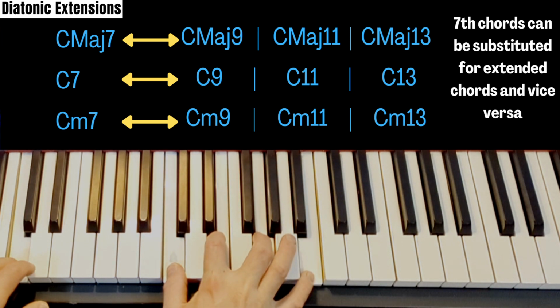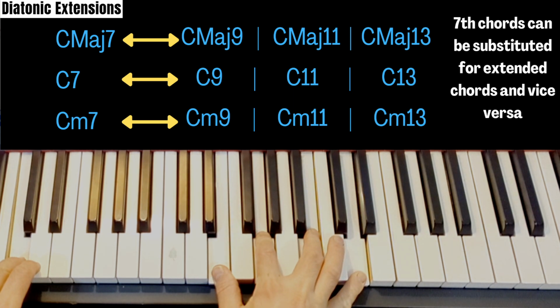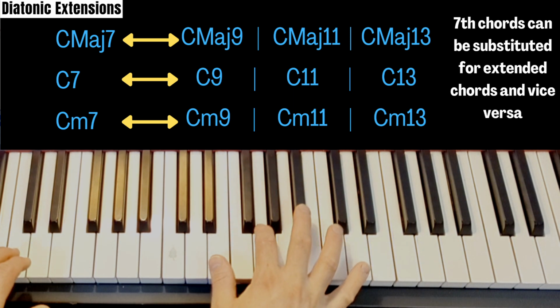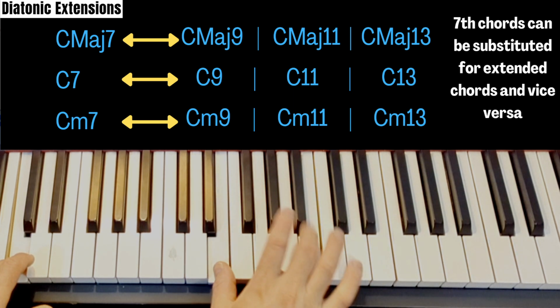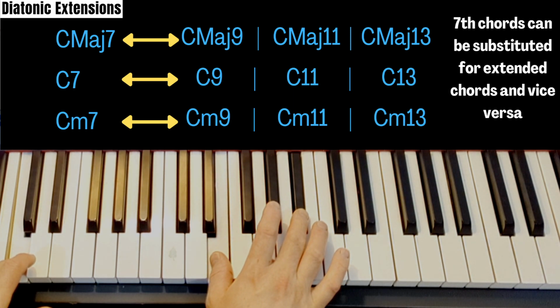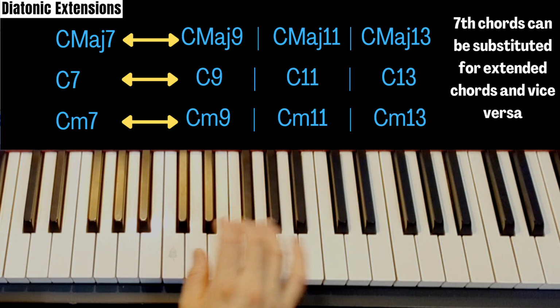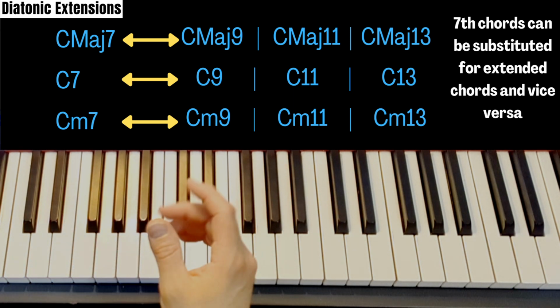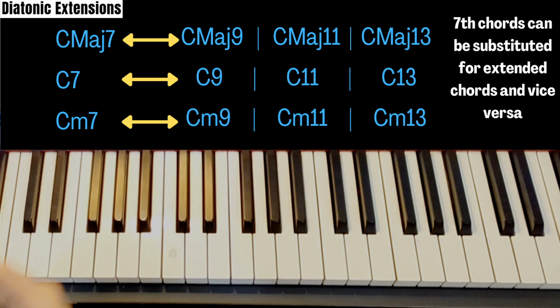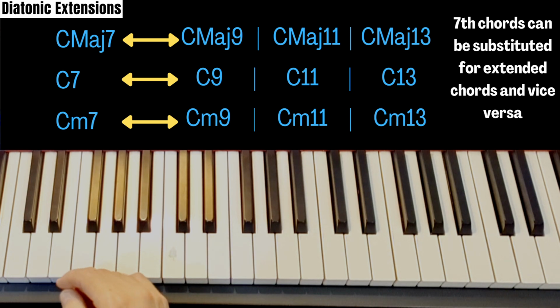So for example, C major 9 is very different to C dominant 9 because the fundamental chord below it is different there. Now alternatively, if you're seeing lots of 13s, 9s in the charts and that's getting really overwhelming, just break them down to those core 7 chords and the piece will still sound the same.